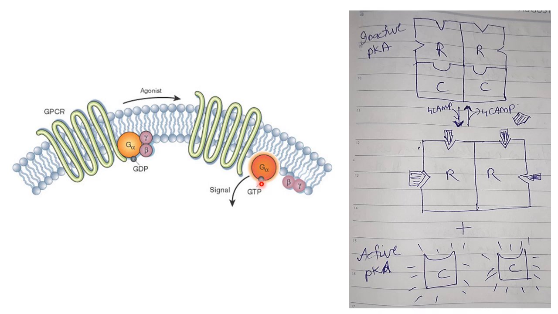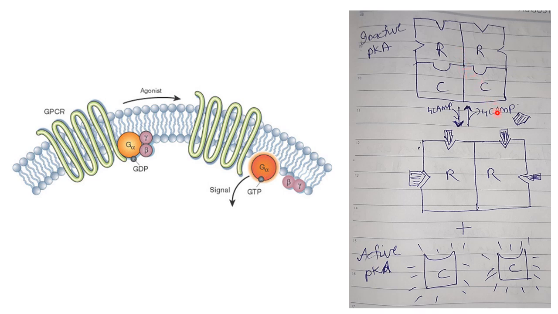And this G alpha subunit will activate adenyl cyclase. Adenyl cyclase catalyzes the synthesis of cAMP. cAMP will activate PKA. Now how does PKA get activated by cAMP? So the inactive form of PKA has 2 catalytic subunits and 2 regulatory subunits. The tetrameric form is inactive.